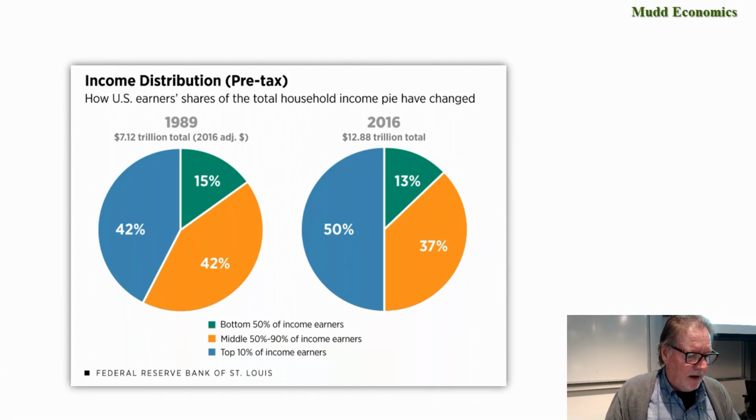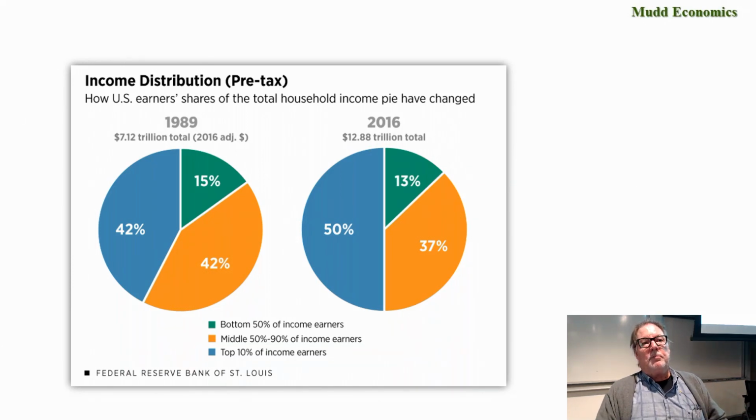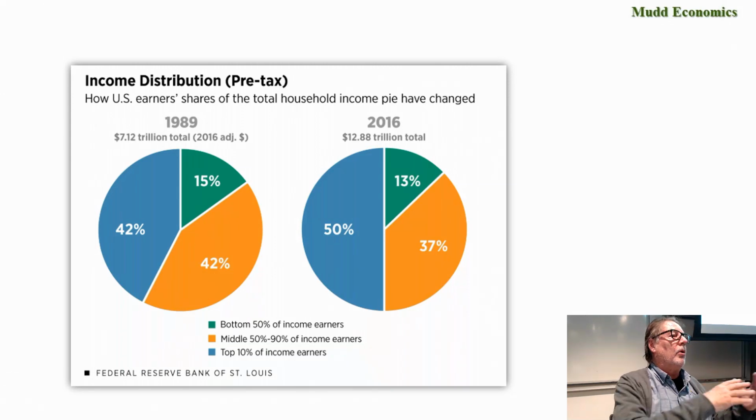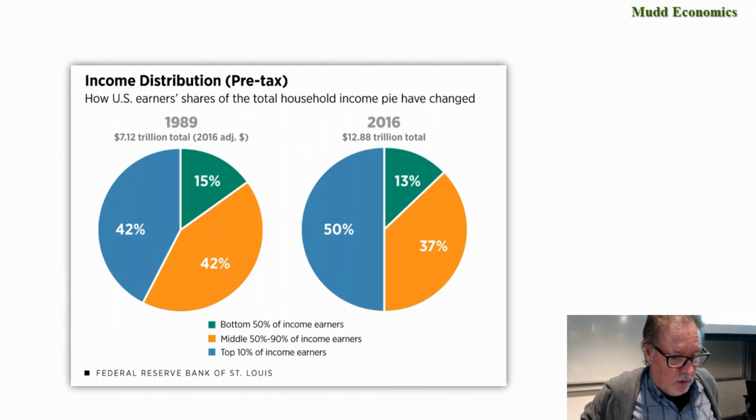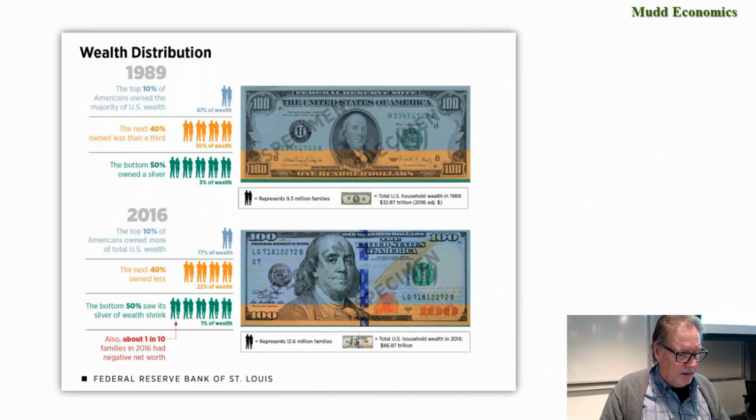But the bottom 50% has shrunk from 15 to 13, and the middle has shrunk from 42 to 37. So this confirms again that income distribution in general, and this is not wealth, because the really remarkable differences are in wealth rather than income, just very gradually more and more of any slice of income is going to the upper group.